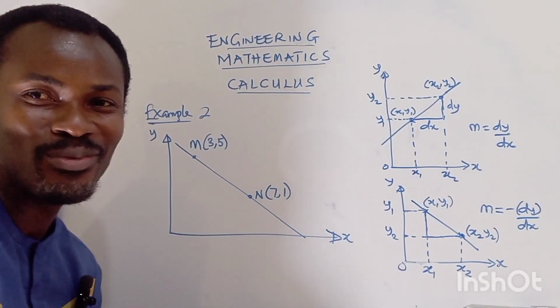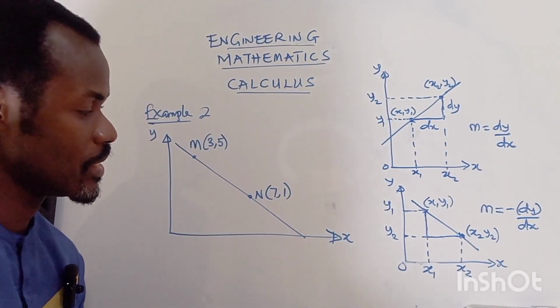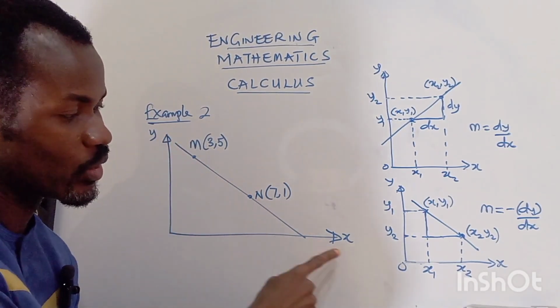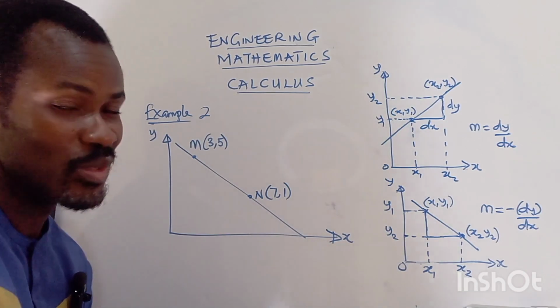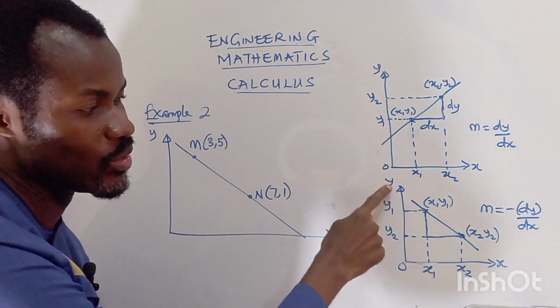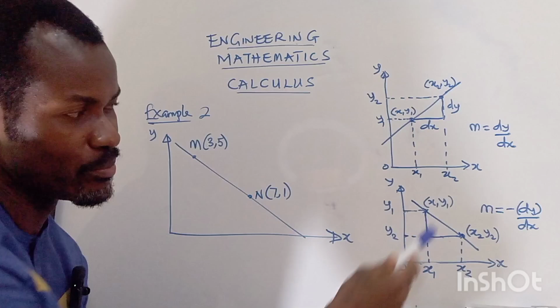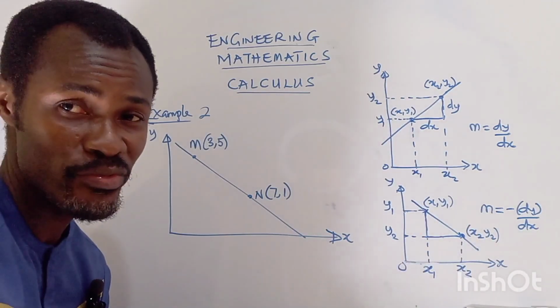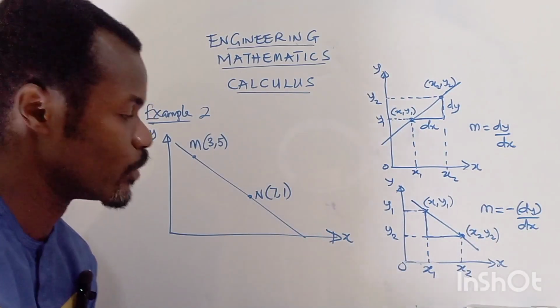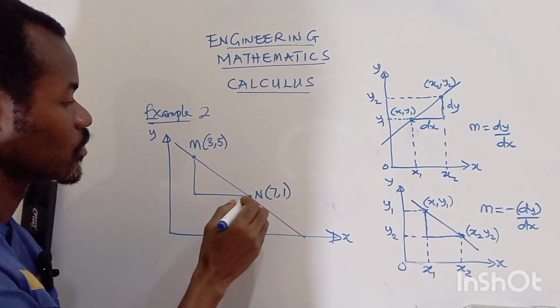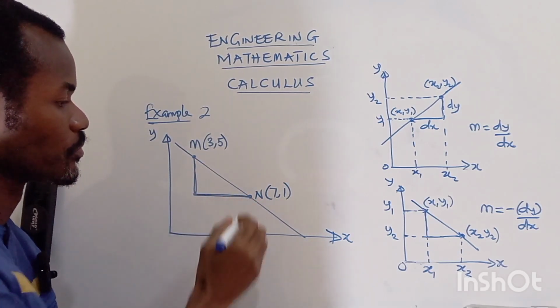Let's look at example 2 on the board. If you look at the direction of the straight line, it is coming downwards towards the x axis, which looks like this. Now let's insert our triangle and put our points, so we're able to find the gradient or slope. The first thing you want to do is insert your triangle. So this is your triangle.